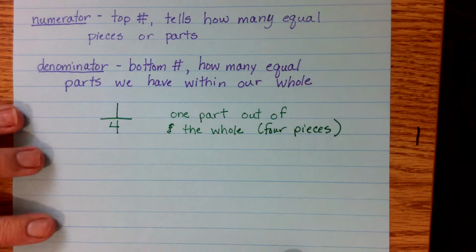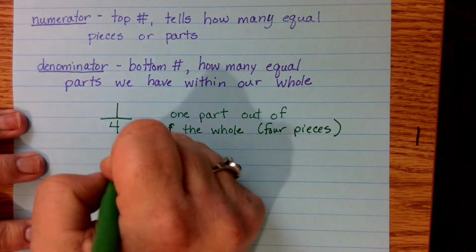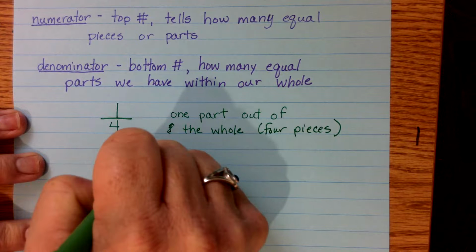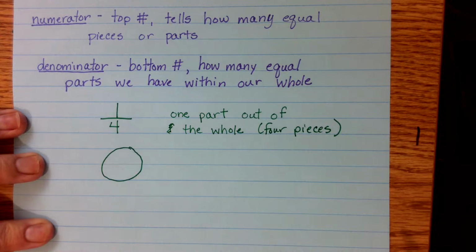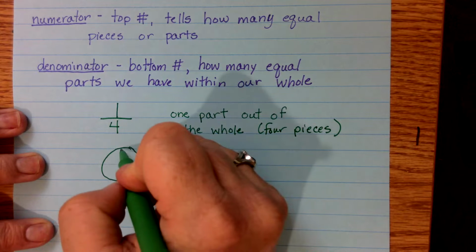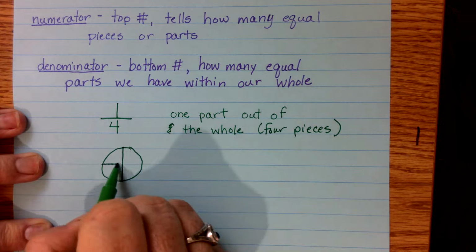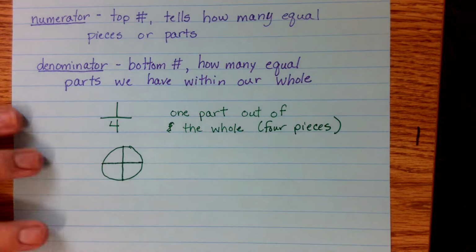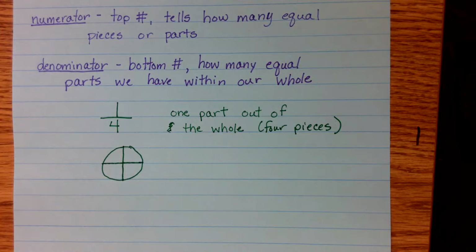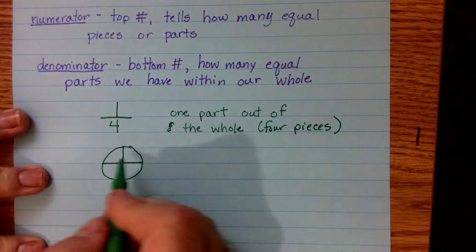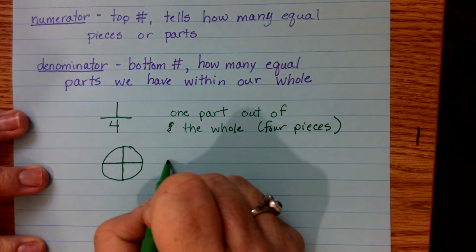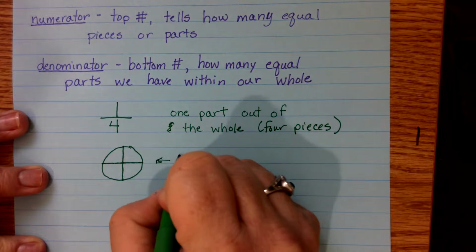So let's say that we had a pizza. I'm going to draw myself a pizza. And instead of dividing my pizza into 8 pieces, I'm just going to divide it into 4 pieces. I don't know if you've ever done that when you've made your pizza at home. The pizza is a little bit smaller, so you might divide it into 4 pieces instead of 8. So there are 4 pieces in the whole pizza.